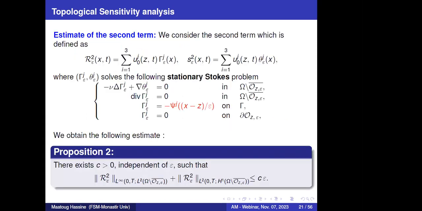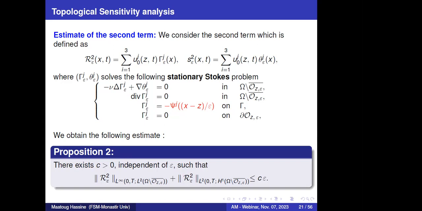Now we consider the second term, which is defined by this expression, where gamma g, theta g solve this stationary Stokes problem. We will prove that there exists a positive constant independent of epsilon, such that the L infinity(0,T; L2) plus L2(0,T; H1) norm is less than or equal to C times epsilon.